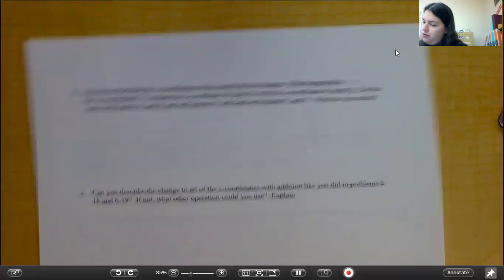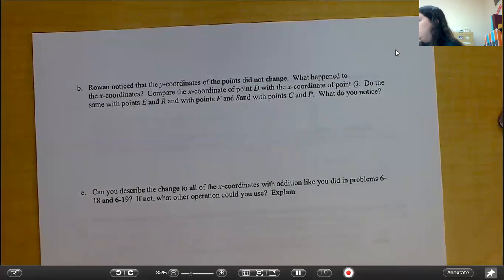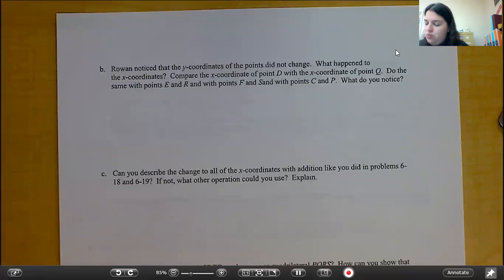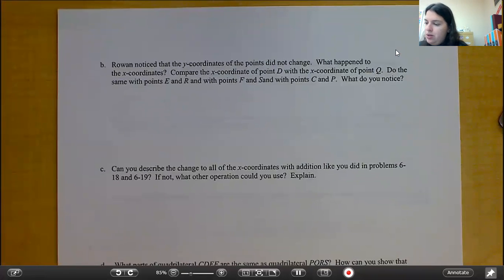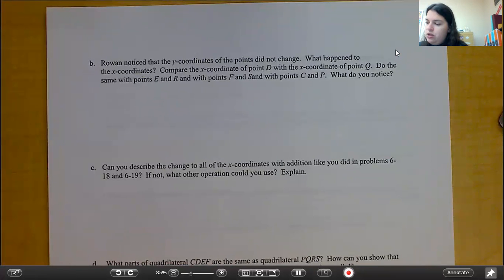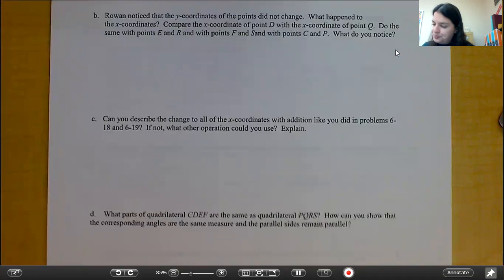Continuing on, for parts B, C, and D of this problem, Rowan noticed that the y-coordinates of the points did not change. What happened to the x-coordinates? Compare the x-coordinates of point D with the x-coordinates of point Q. Do the same with points E and R, with the points F and S, and with the points C and P. What do you notice? Part C, can you describe how the change of all the x-coordinates with addition like you did in problem 6.18 and 6.19? If not, what other operation could you use? Explain.